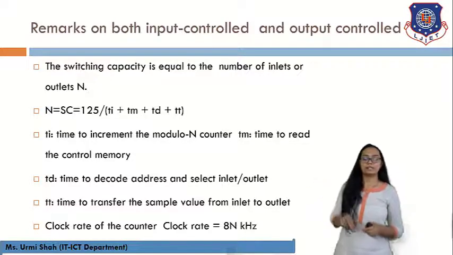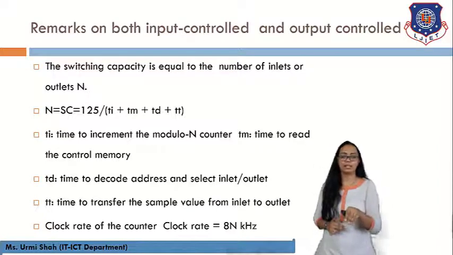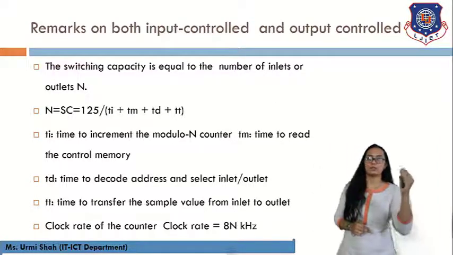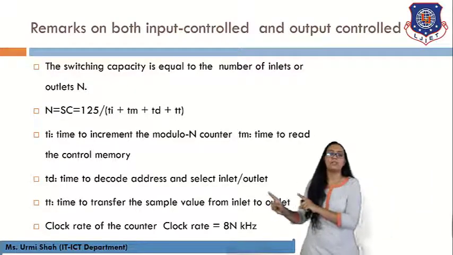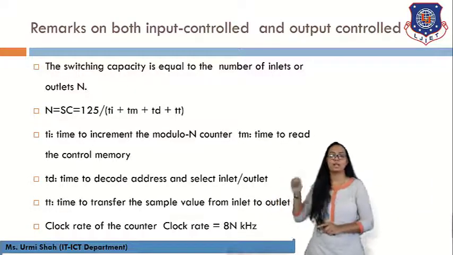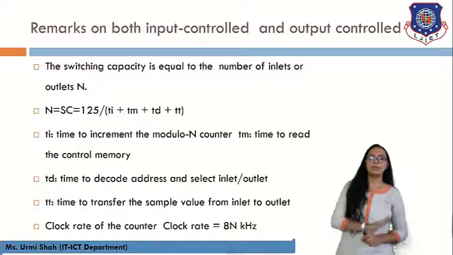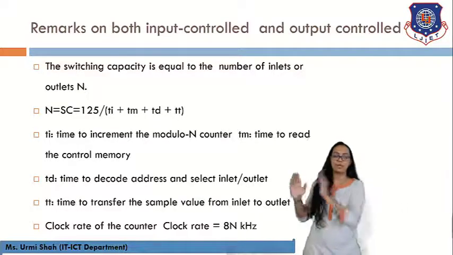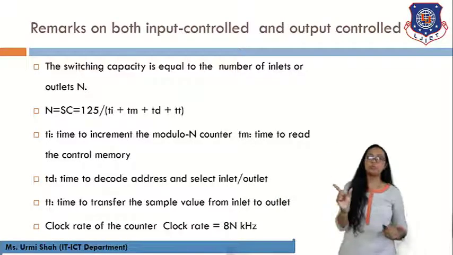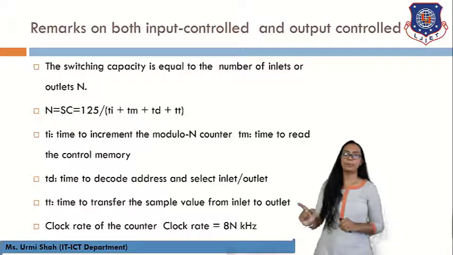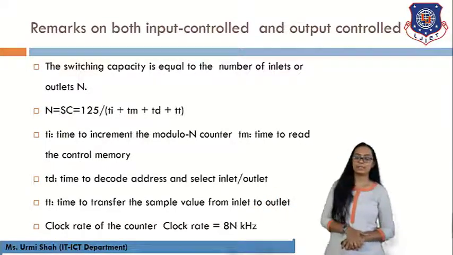TD is the time to decode the address. Whatever data is coming from the inlet and outlet, from whichever address or whichever node, has to be decoded in the address decoder. So that is the time TD. And the sample values that are transferred from the inlet side to the outlet side, the time taken for that transfer is measured by time TT.